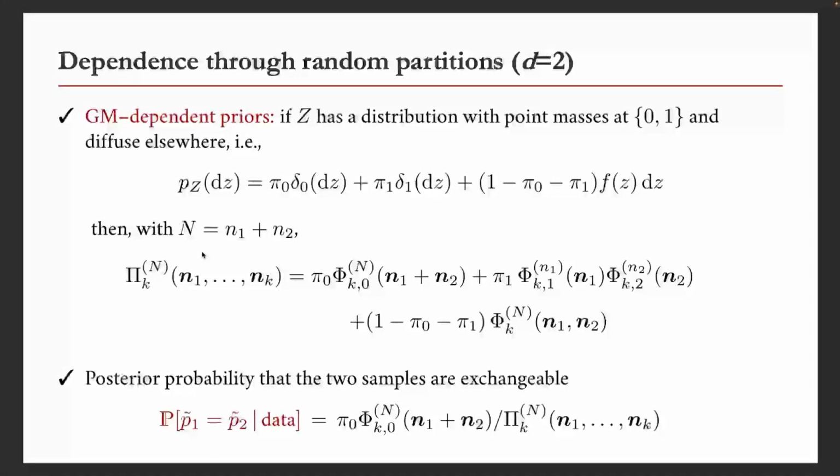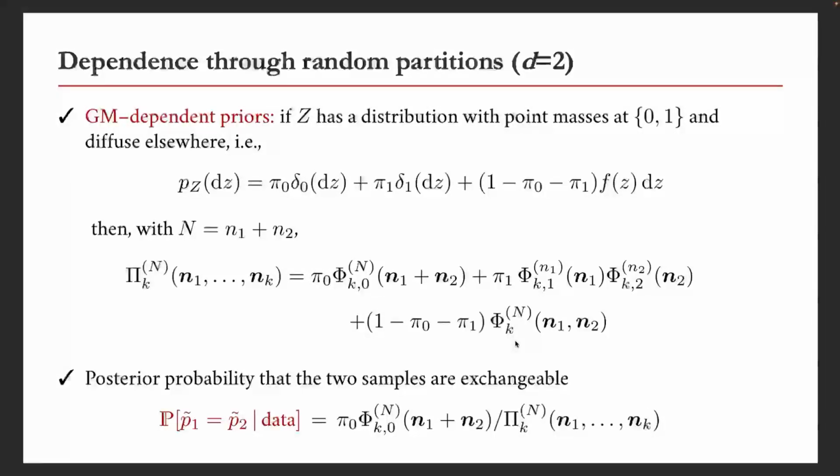So for instance, for the dependent case, you can put a prior on the random variable Z, for instance the spike and slab specification that has spikes in 0 and 1, and a slab that spreads the mass throughout 0 and 1 through a continuous prior. And then the partially exchangeable partition probability function has a closed form that can be represented as a mixture between the exchangeable case, the first one, the independent case, and then the intermediate cases.